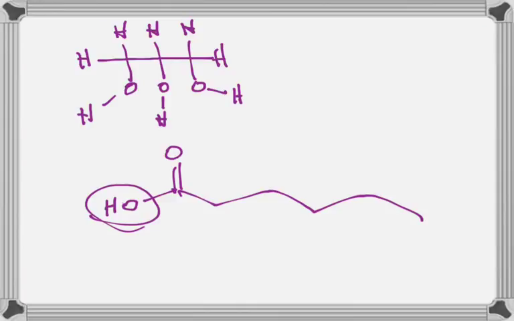Let's simplify this. There's really only 2 types of hydrogen atoms on this glycerol molecule. There are these ones, hydrogen bound to a carbon, or these ones, hydrogen bound to an oxygen.